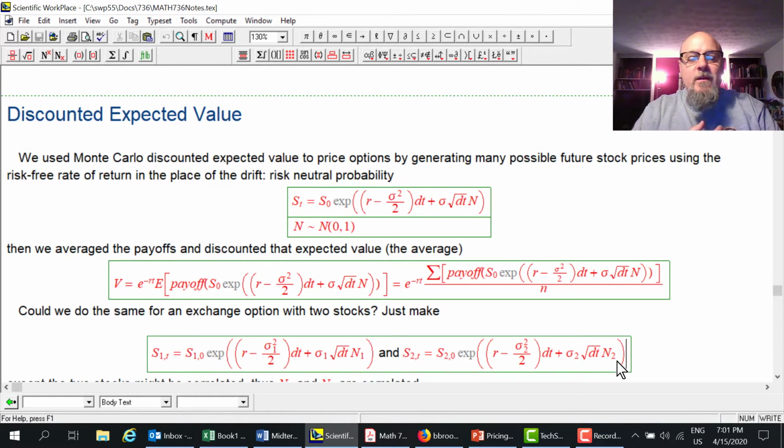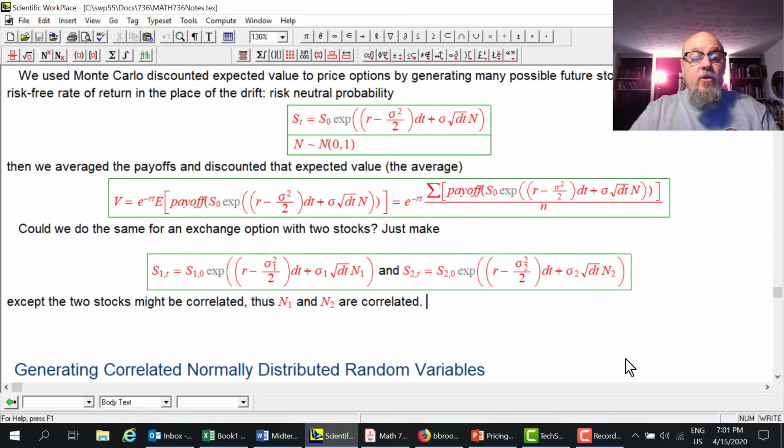So for our discounted expected value, we could still do that, but we need to generate N's that are correlated. The returns have to be correlated. All right, so this becomes our next task. We're all set to go with this discounted expected value.